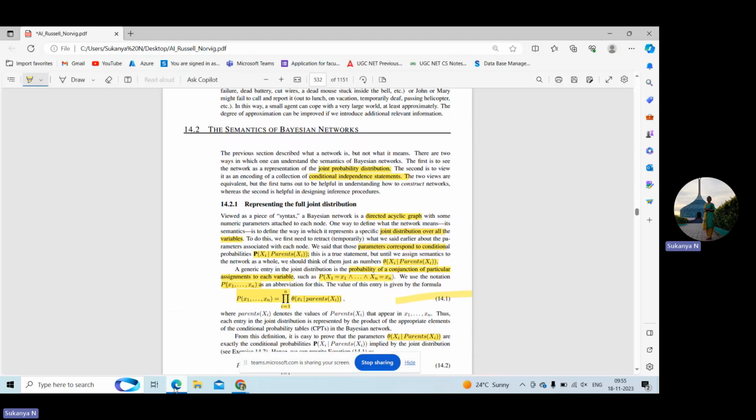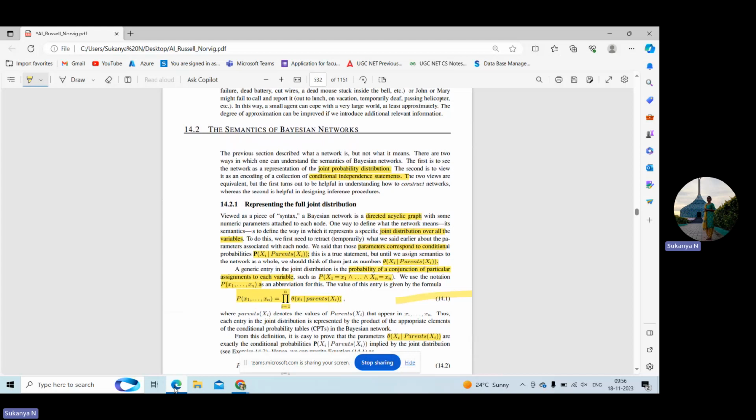In that, the first one is the full joint distribution. How can this full joint distribution equation be written? Here we have P of xi given parents of xi. This is a true statement which we will be following for every algorithm. In this full joint, if this probability is replaced with a number, any number, you can write this formula as theta of xi given parents of xi.